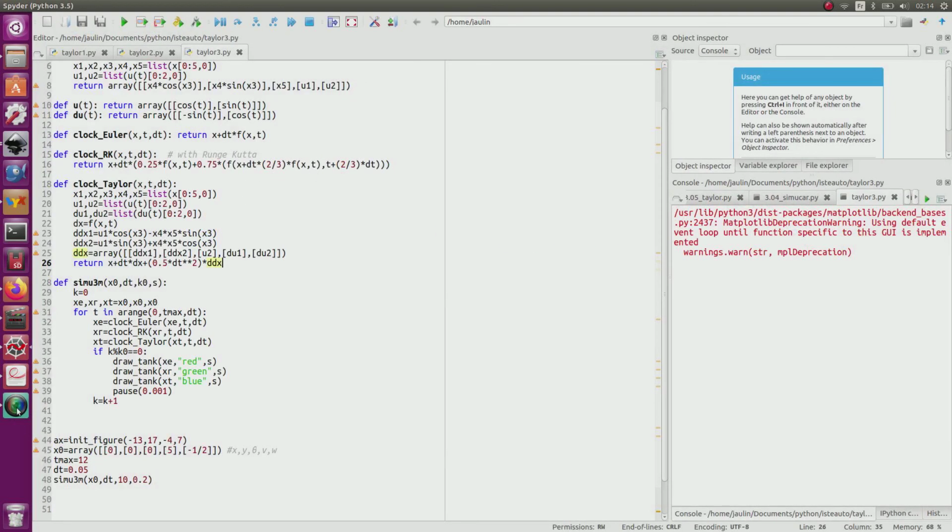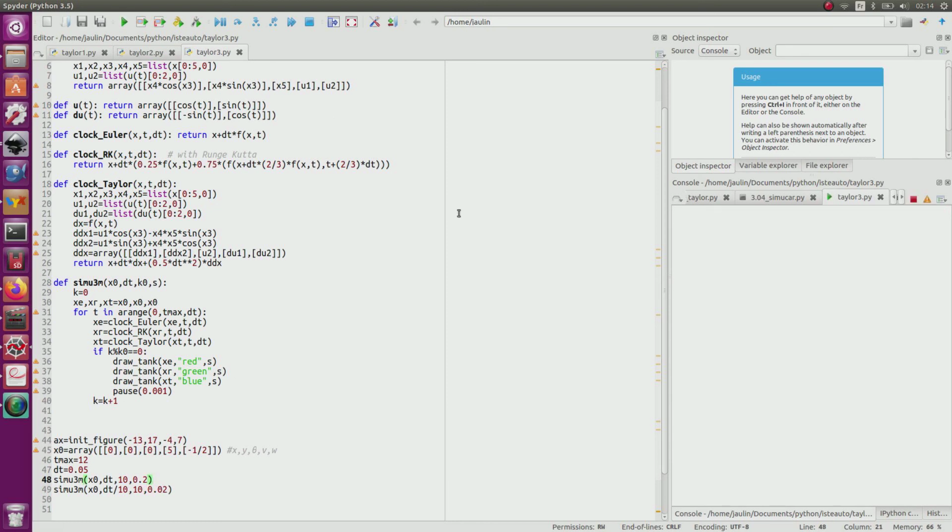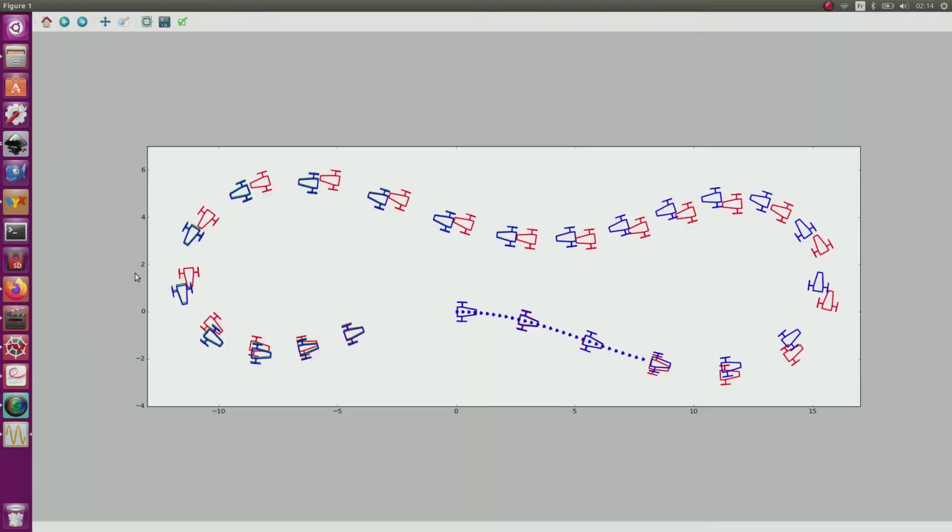Which one is the true one? Again, I can do something like this. I divide dt by 10, and here I put the car smaller. I run it, and I can see that the blue and green, we do not see the green, but the blue and green correspond.